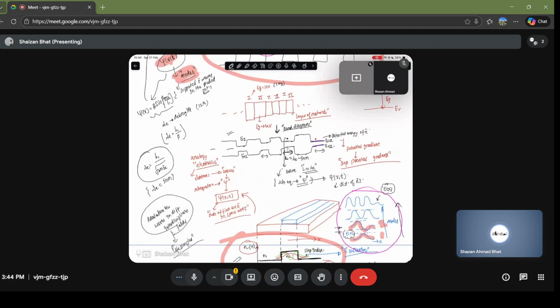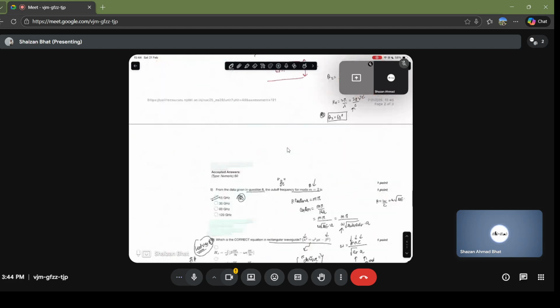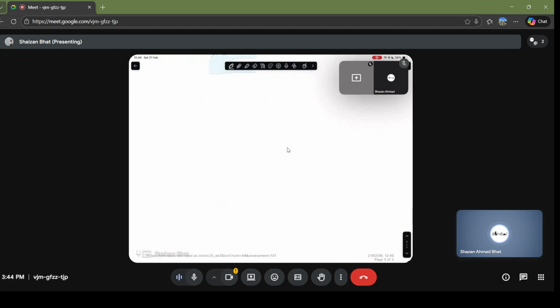Tomorrow you go higher and higher. If you have understood the waves phenomena in all different fields, it's going to make your life simpler in physics, even mathematics, electronics, electrical engineering fields.